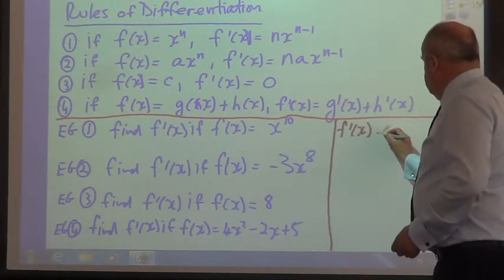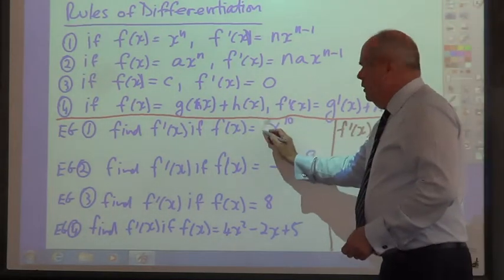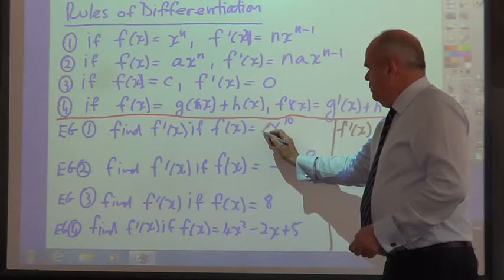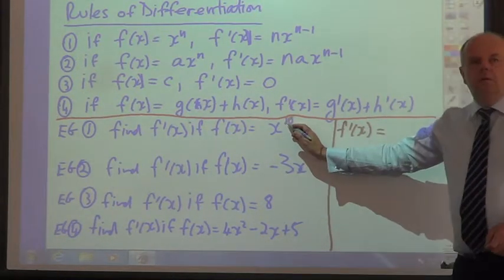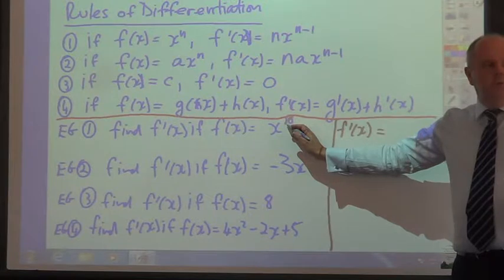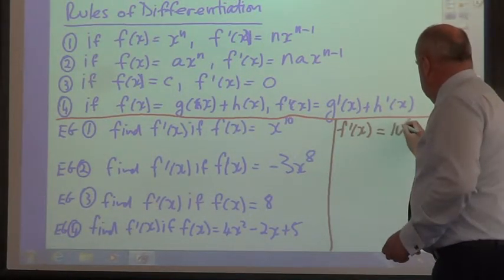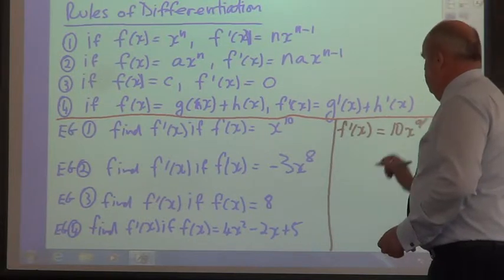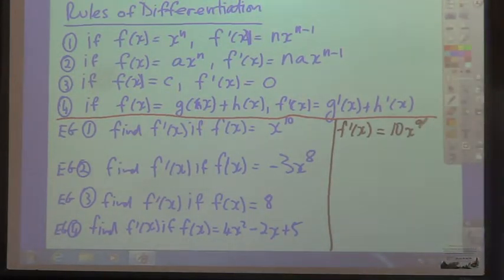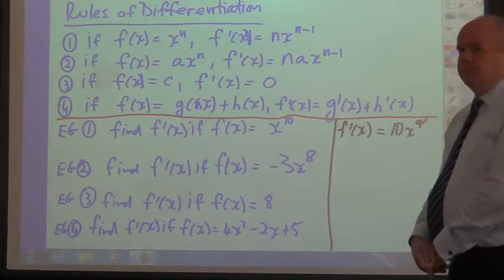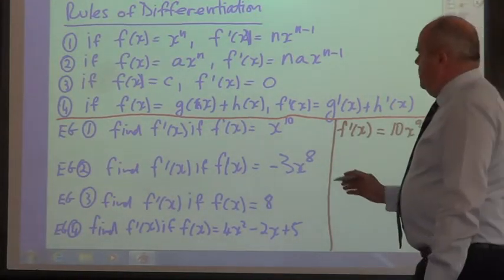So in this case, f dash x is going to equal 10x, and you're going to decrease that power by 1 to 9. That easy. F dash x equals 10x to the power of 9. Was that easier than first principles? I think so. Now, what's our second one?